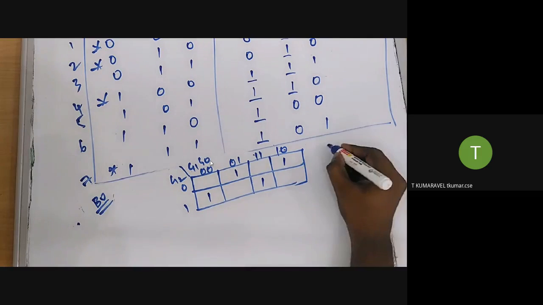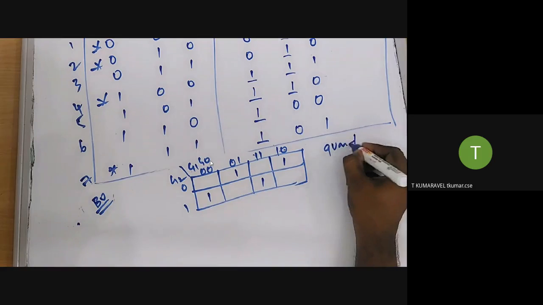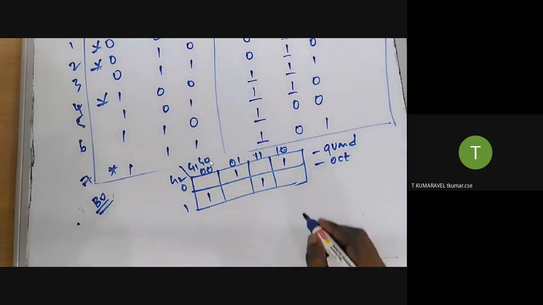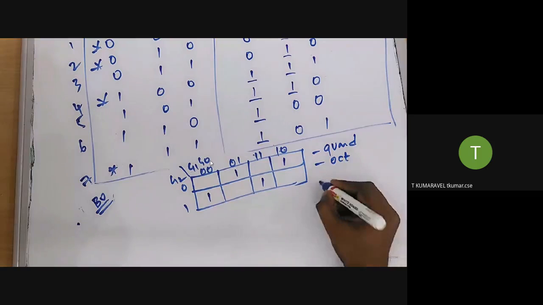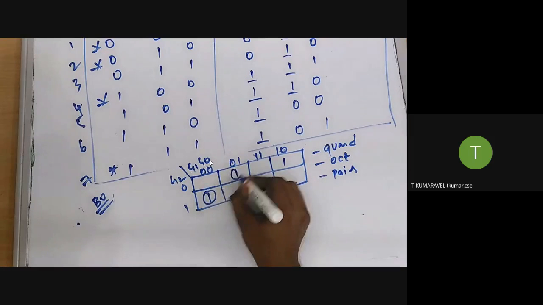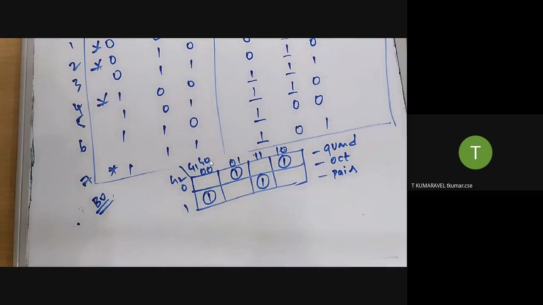Quad is not possible. Octant also is not possible, because the input values are scattered in different places. Pairing also is not possible. So you should write all the minterms.